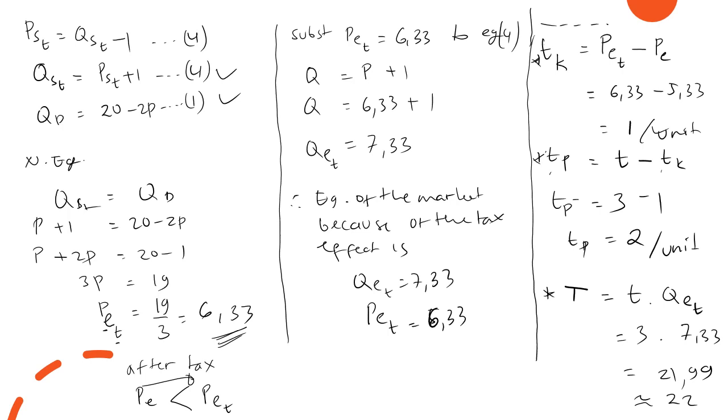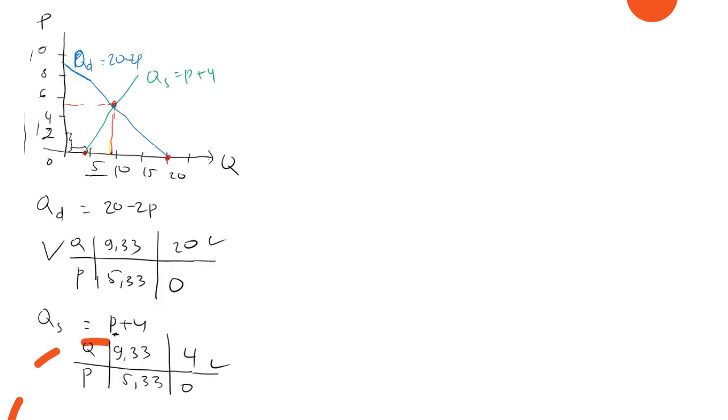Let's draw. So this is our Cartesian diagram from our previous finding without tax effect. Now, then we will have another line, new line of QSD, where we have found that this is P plus 1, yeah? Okay.